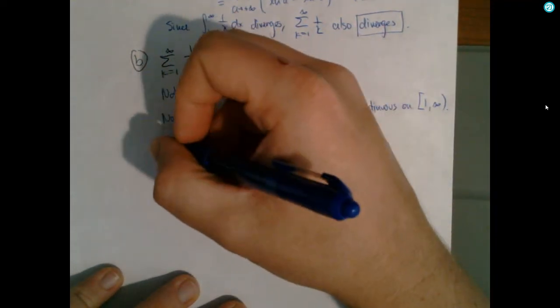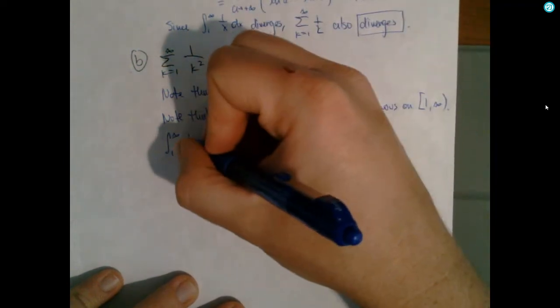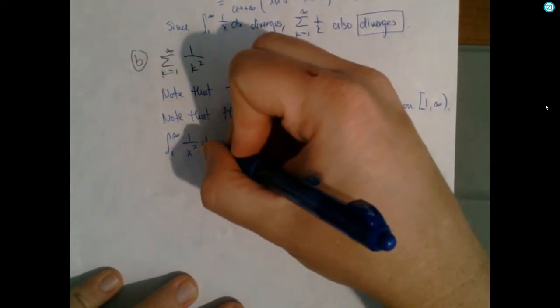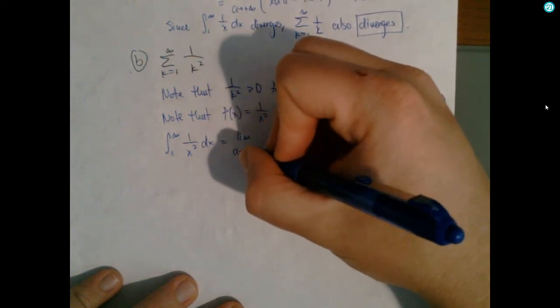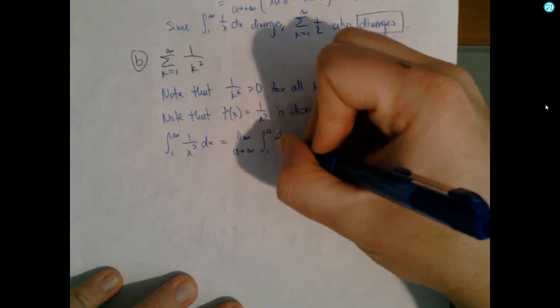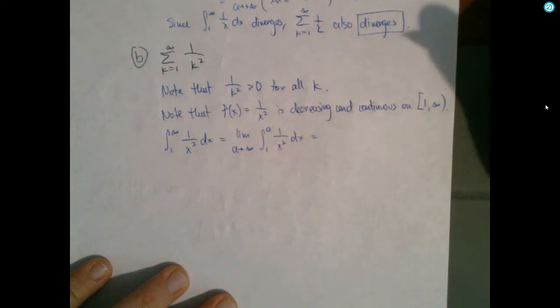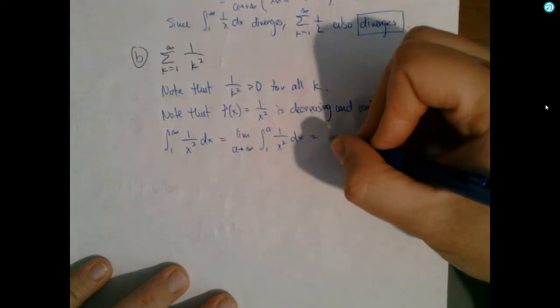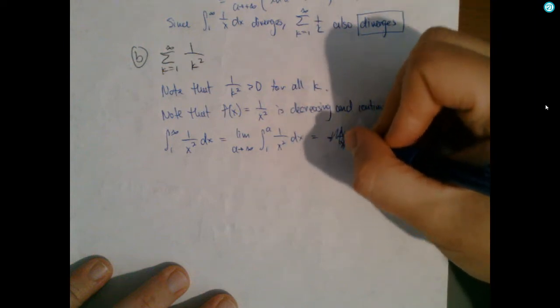And so to perform the integral test, we would integrate. Again, this is an improper integral, so we'll take the limit. Okay, so that's going to be a negative 1 over x. Whoops, I forgot the limit. Let me write the limit.